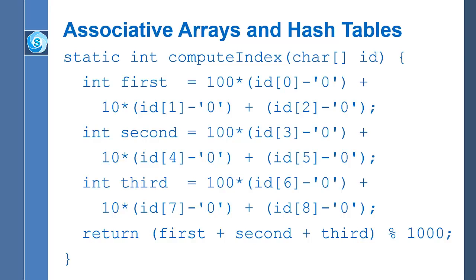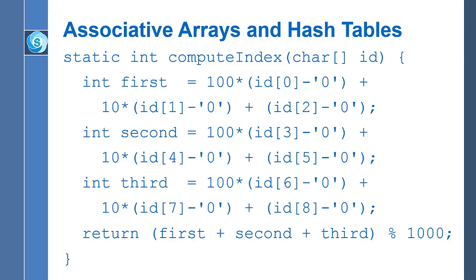Okay, notice where it says ID bracket 0 minus single quote 0 single quote, right? That's taking the first character in the key and producing the corresponding integer value, so that if that character was the character '3', then '3' minus '0' is actually the integer 3.